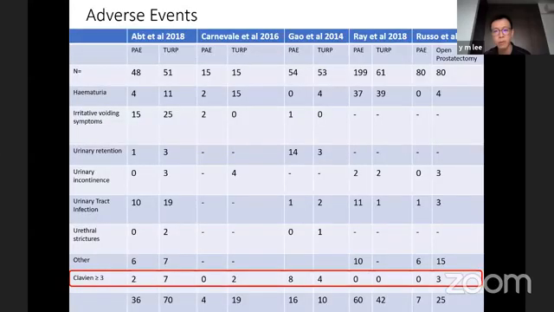So what about adverse events? Again, the problem with many of the studies is the lack of consistency in reporting the adverse events. But if we were to look at just the Clavien 3 complications, it is actually reasonably safe and is not inferior to TURP.